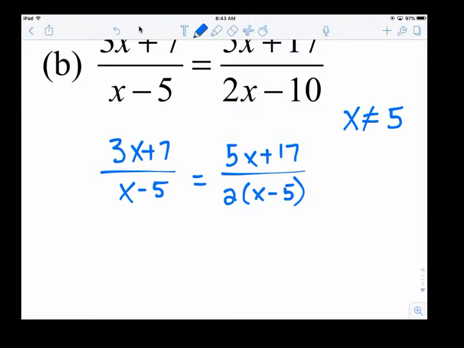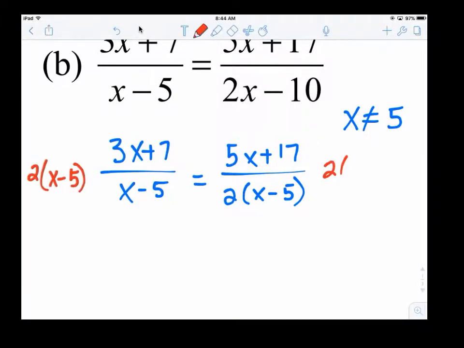All right, so what would my common denominator be? It would be 2 times x minus 5, so I can multiply that on both sides.